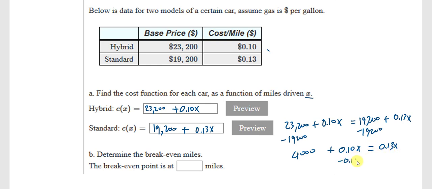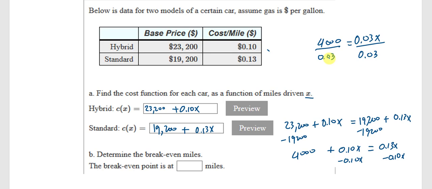Now subtract 0.10x from both sides. So 0.13 minus 0.10 is 0.03, so I get 0.03x on the right side, equal to 4,000. And then to solve for x, divide by 0.03 on both sides.